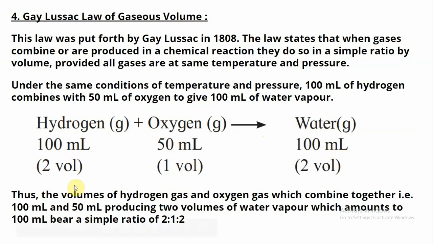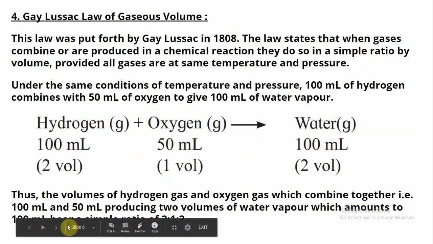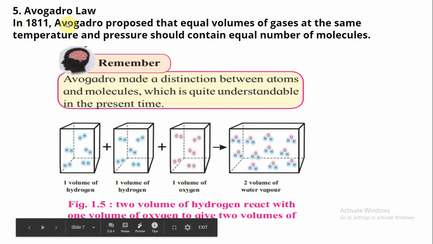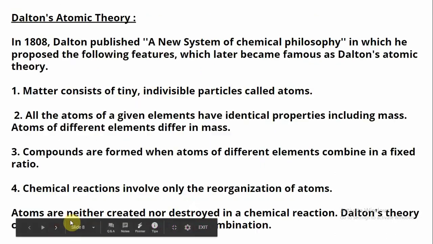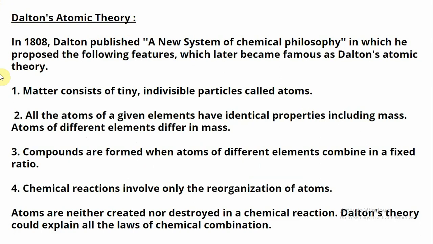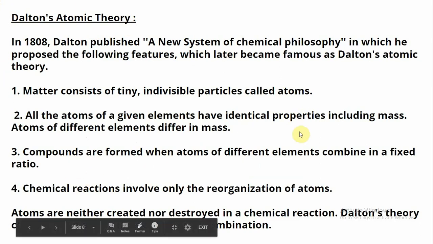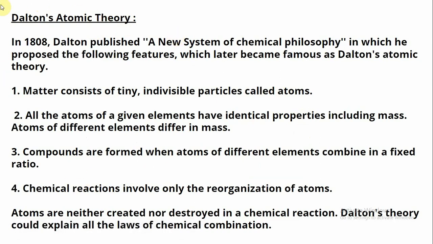And the fifth one, Avogadro law: equal volumes of gases at the same temperature and pressure contain an equal number of molecules. And the last one, Dalton's atomic theory, explains all these laws of combination in one theory, famously called Dalton's atomic theory.